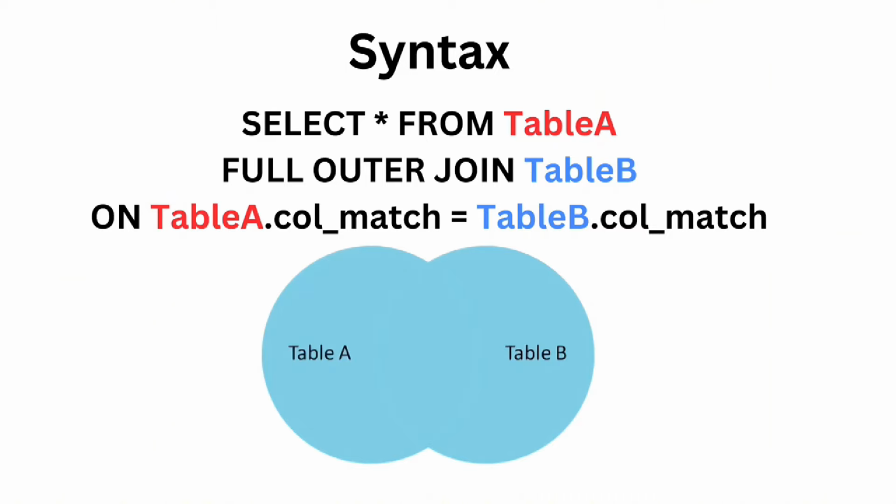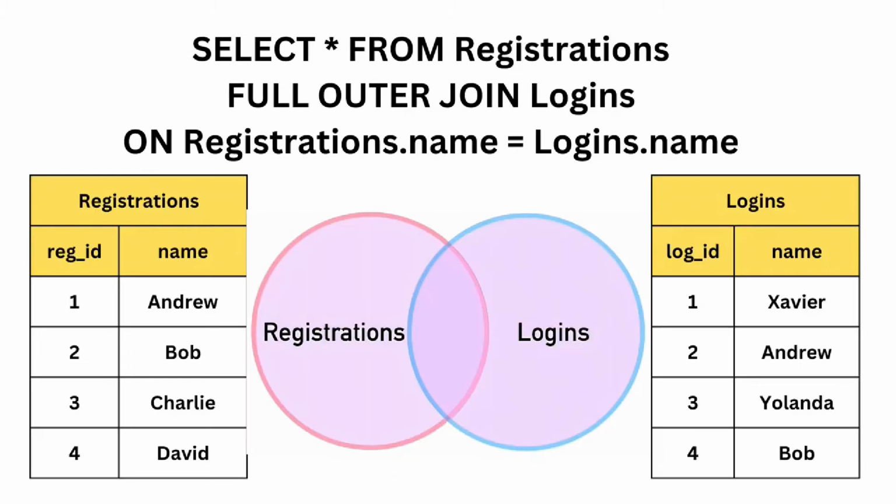It's essentially just grab everything, whether it's present in both tables or present in only one table. Notice that it doesn't really matter if the table A and table B order is switched here, because this is completely symmetrical. Because this Venn diagram is symmetrical, you can switch the table order, because you're going to grab everything anyways.